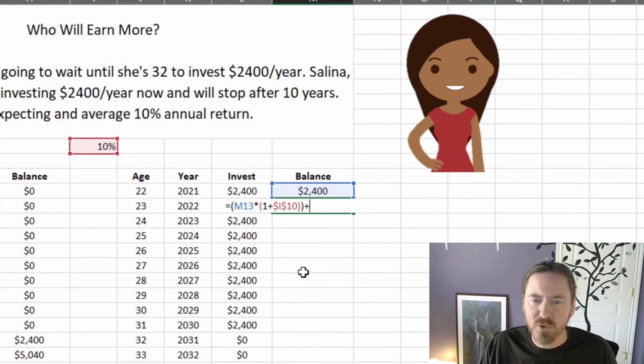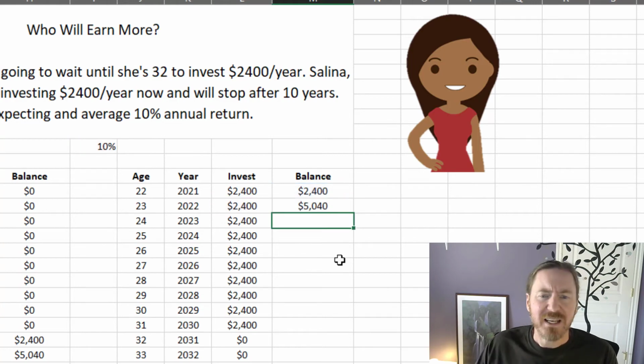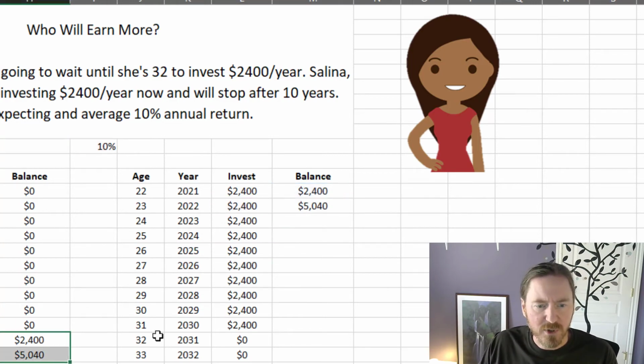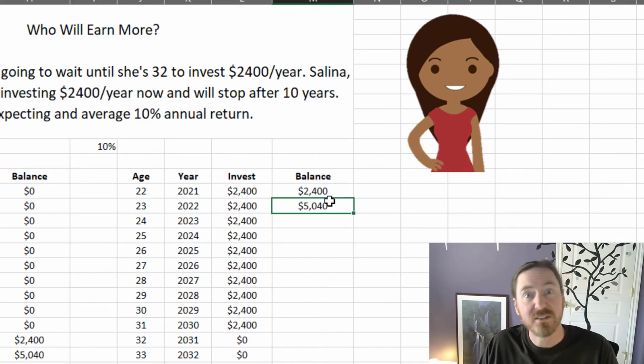It's L14. So we have the previous year's balance plus the interest from that first year, because now we're at the end of year 2, plus the investment again at the end of that year. And yeah, the math works out right because we tested it before. After 1 year of 10% interest on $2,400 plus another $2,400 on top of that, 5,040, that looks good.